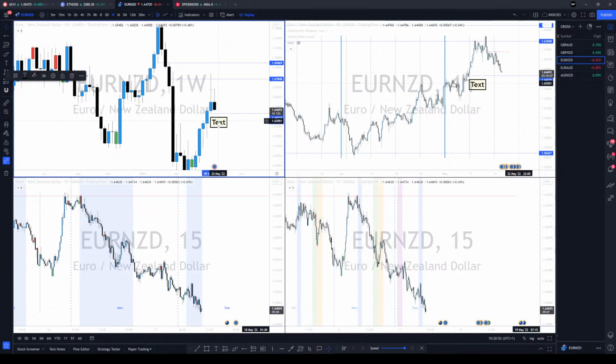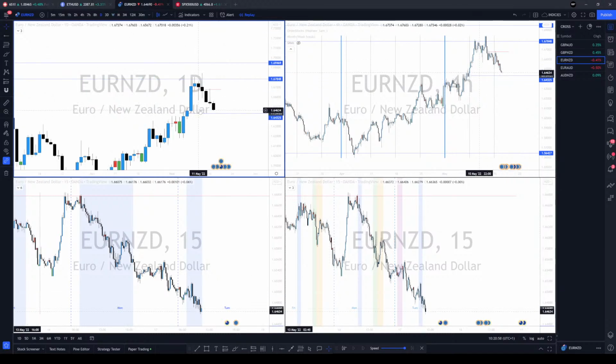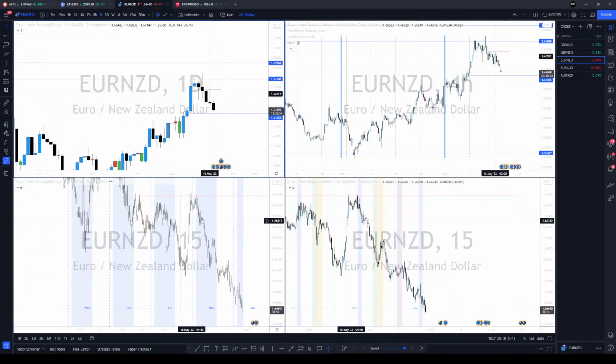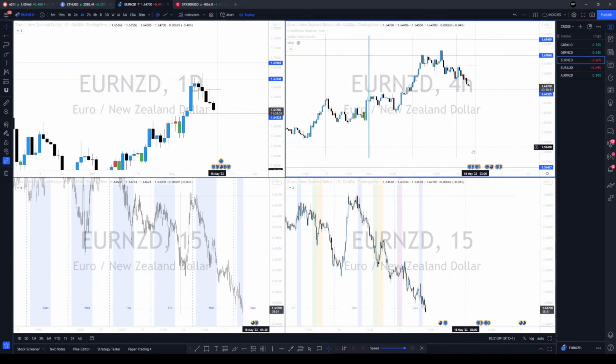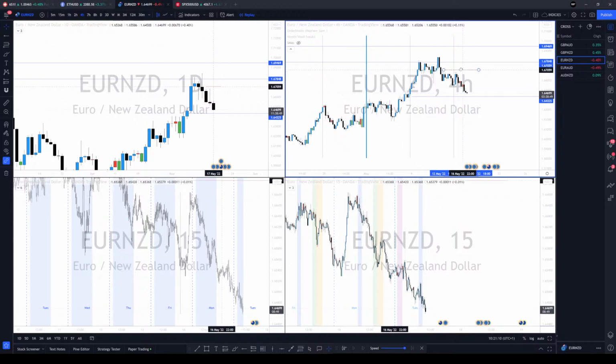So that will be this gap here. If it takes out that low, then we should see some reaction, and you can use that for a potential buy. If you do get a buy, this equal high is where 90% of the trade should come off, because we have this run and then the break.